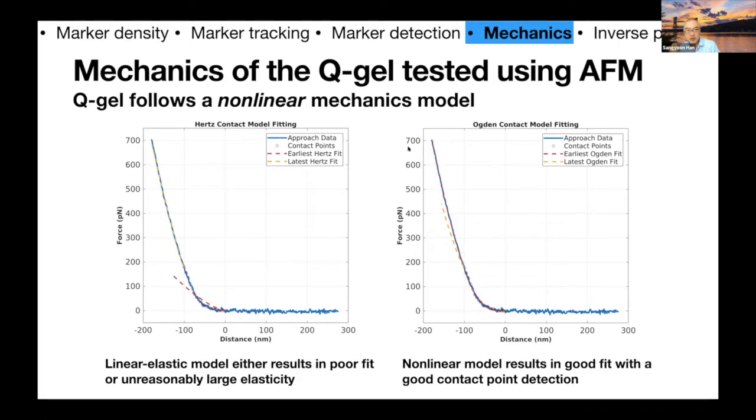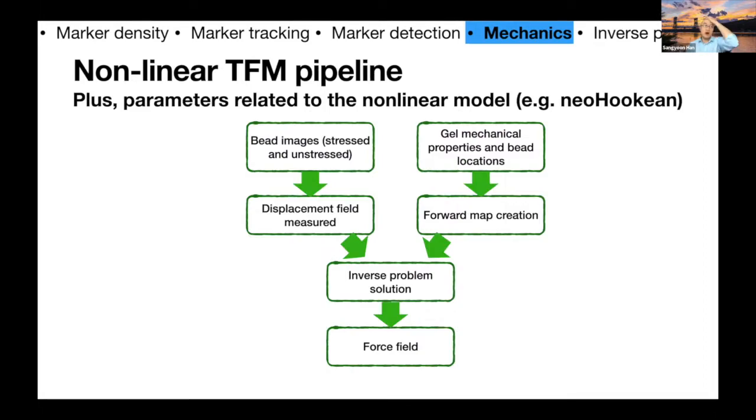So this was fitting this AFM curve very well. So we had a little bit more confidence about this nonlinear mechanics of this Q-gel, which is the non-high refractive index gel. So we want to involve this nonlinear mechanics into the traction force microscopy pipeline. The usual pipeline is that we start with these bead images, stressed and unstressed, and then we get this displacement field. At the same time, we also get some gel mechanical properties like Young's modulus.